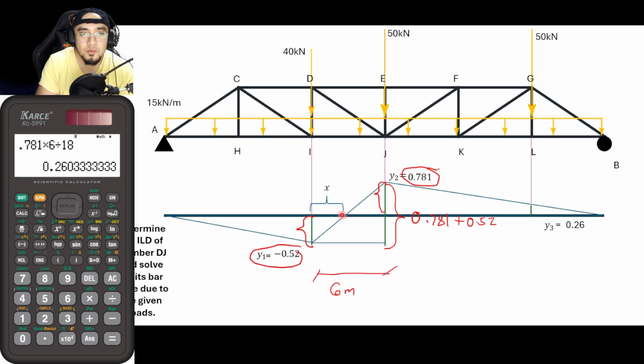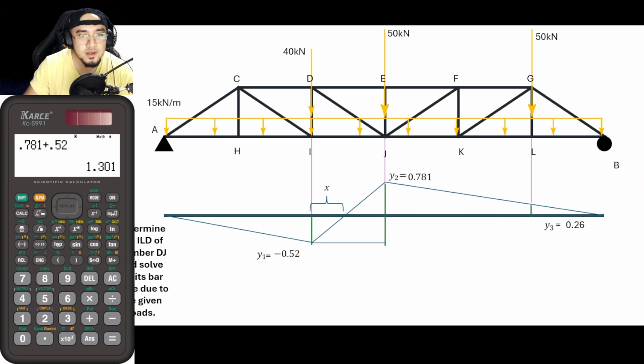Proceeding, 0.781 plus 0.52, looking at the calculator, the answer is 1.301. And again, this is 6 meters. So from that, guys, how could we solve for the value of x?